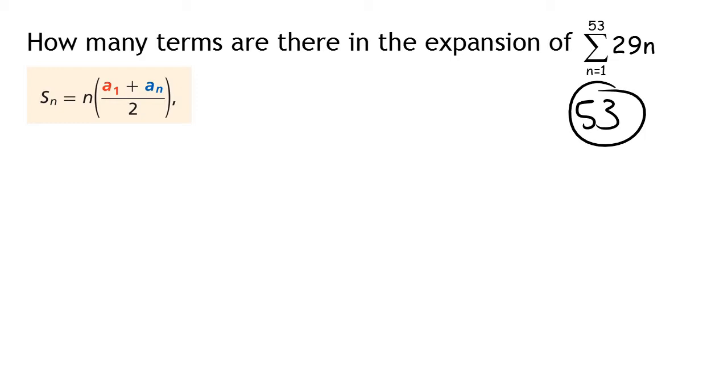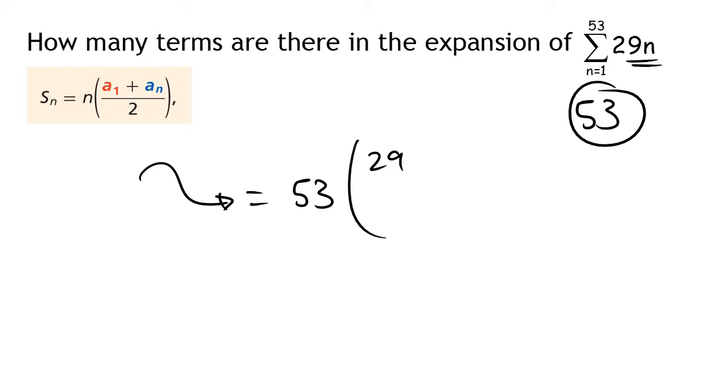So if I was doing that for this particular problem, this would equal, well, the number of terms is 53, and the first term would be the number 29, because you can see it's 1 times 29. The last term would have to be 53 times 29, and I could do that on my calculator.